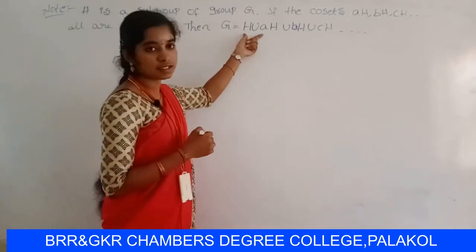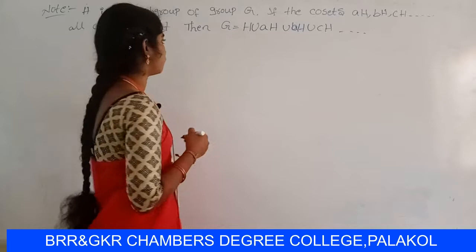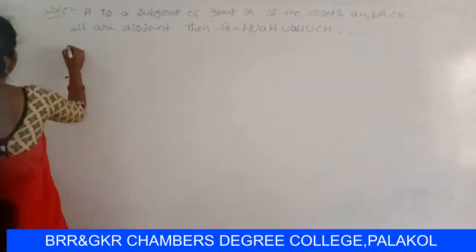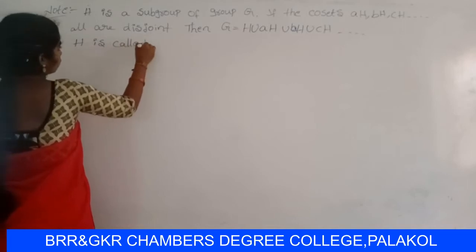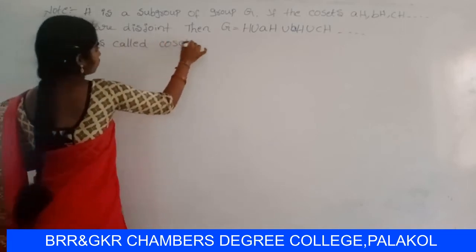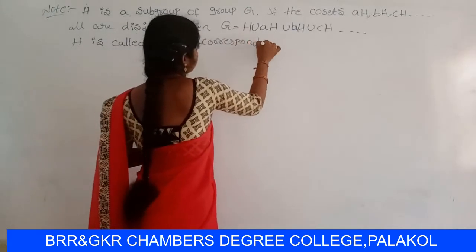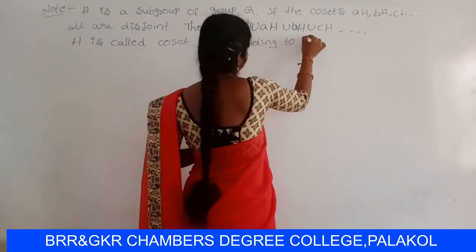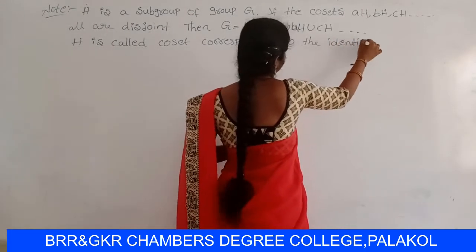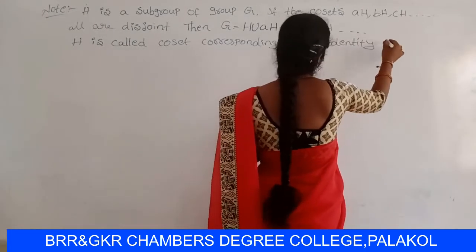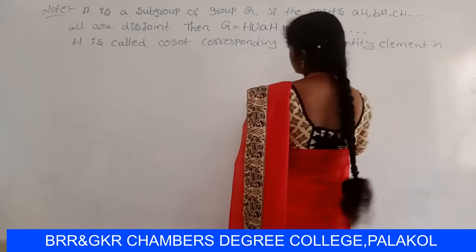Then H is called the coset corresponding to the identity element in G.